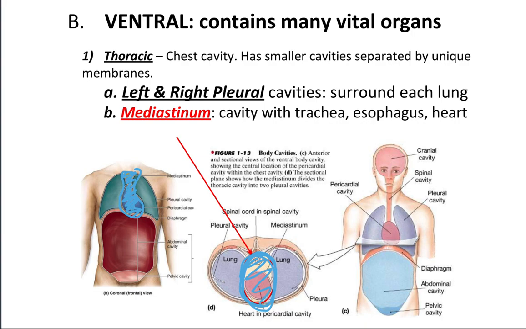Okay? So the mediastinum is the pocket between the lungs that holds major organs that have to pass between the lung area. That includes your heart, as well as the esophagus and your trachea. The trachea is a tube that leads from your mouth to your lungs. Or actually, not quite your mouth, but your neck to your lungs. But these organs do pass through that middle region.